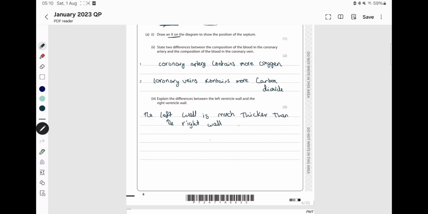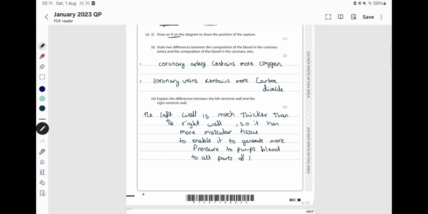Okay, so it has more muscular tissue to enable it to generate more pressure to pump blood to all parts of the body.